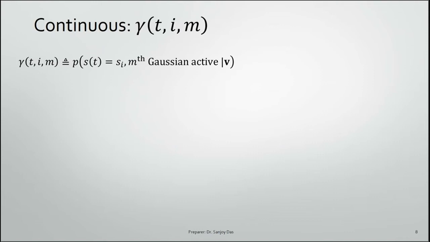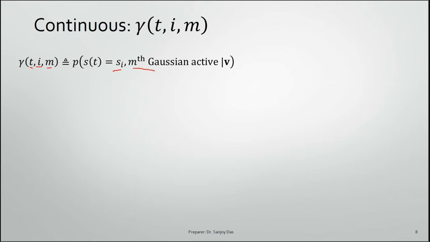So gamma_t(i, m) is now defined as the probability of the state at time t being equal to S_i, and the Gaussian that is active is the mth Gaussian.